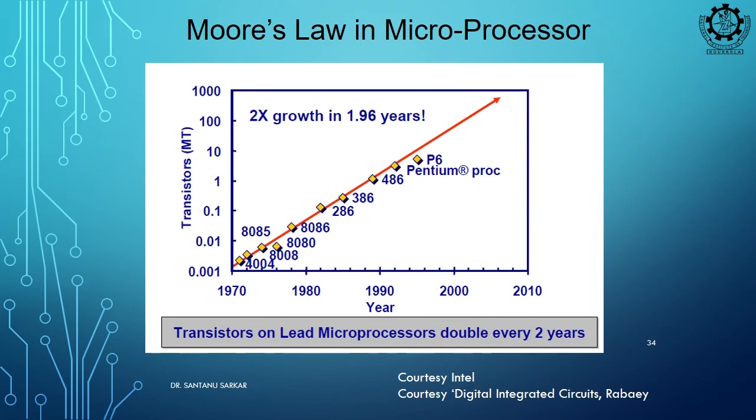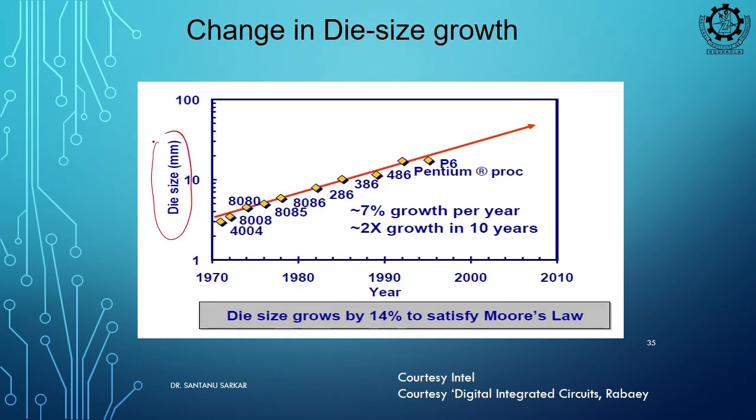So, transistor count just doubles every 2 years. Every 1.5 to 2 years it just doubles, 2x growth. Now, in this growth our power consumption or power density will also go up.